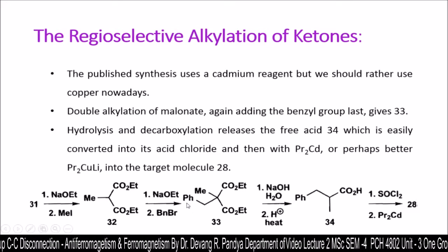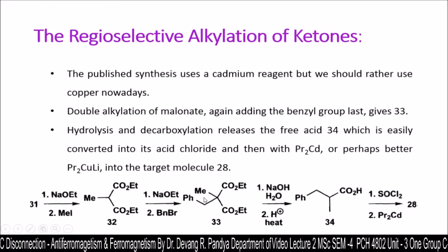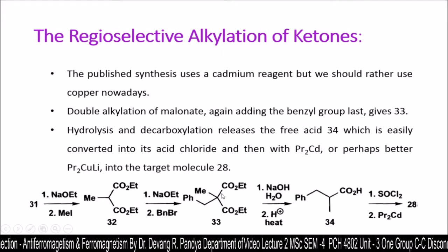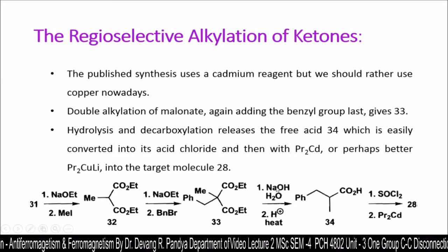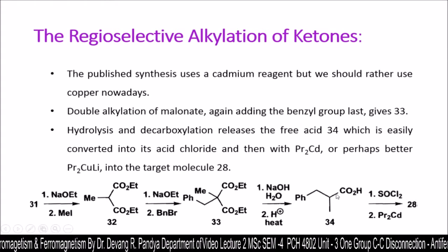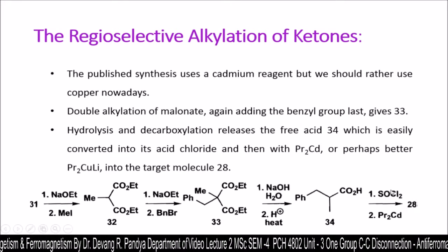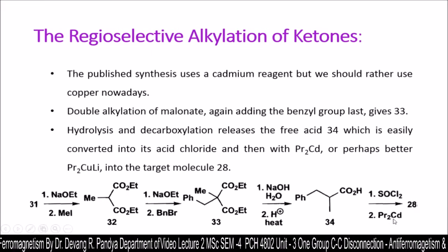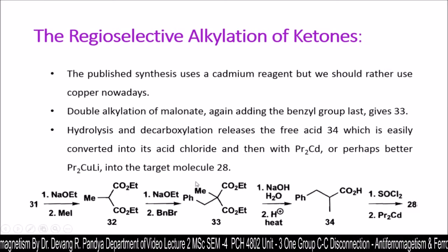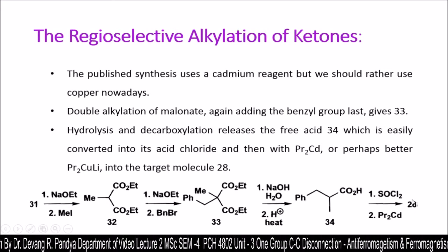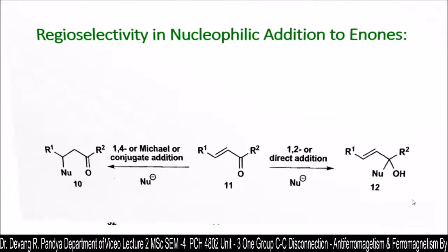So another branch is obtained, benzyl bromide attached to this gives structure 33, which is base hydrolyzed, and after decarboxylation we get this free acid. That free acid is further treated with thionyl chloride followed by dipropyl cadmium or dipropyl lithium cuprate. It is going to give you the target molecule.